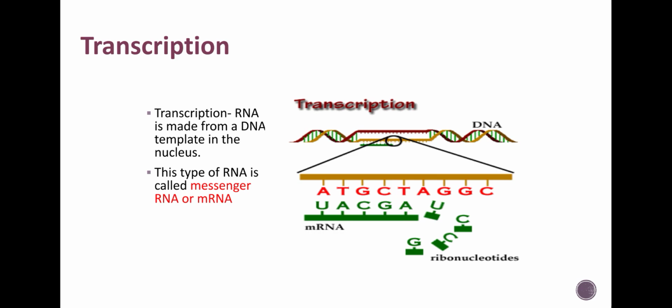The conversion of heterogeneous nuclear RNA to messenger RNA is facilitated by the small nuclear RNA. The ribosomal RNA is the RNA that combines with specific proteins to form ribosomes, the physical sites for protein synthesis. And lastly, the transfer RNA is the RNA that delivers amino acids to the site for protein synthesis.